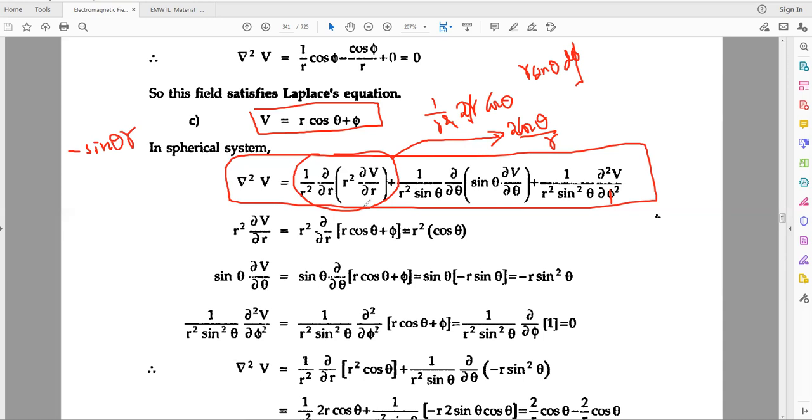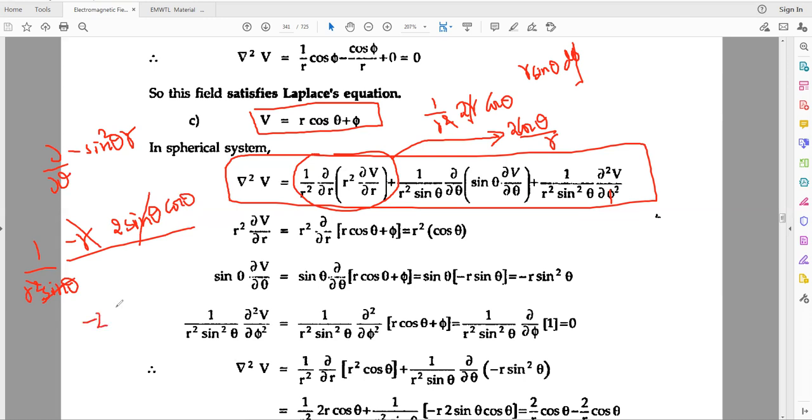This sinθ is multiplied with another sinθ, giving minus r sin²θ. Again apply ∂/∂θ: minus r is a constant, and sin²θ gives 2 sinθ cosθ. Multiplied by 1/(r² sinθ), r and r get cancelled, sinθ and sinθ also get cancelled.